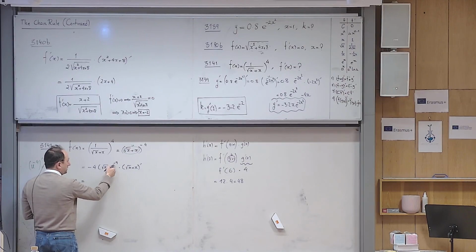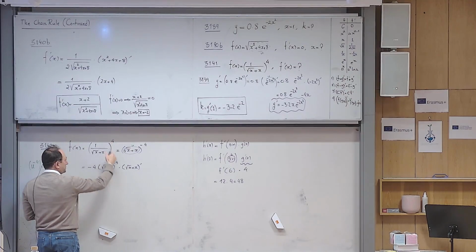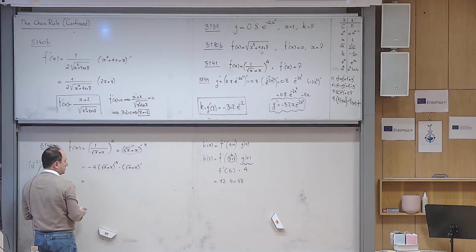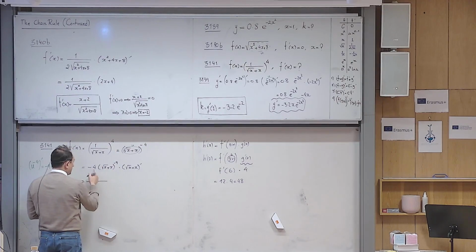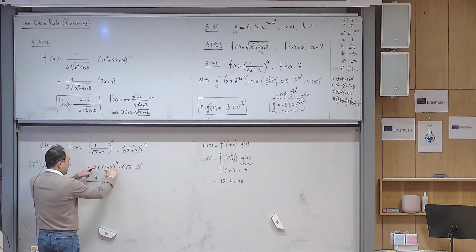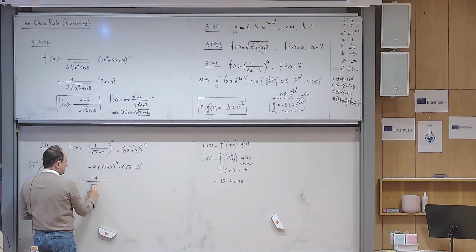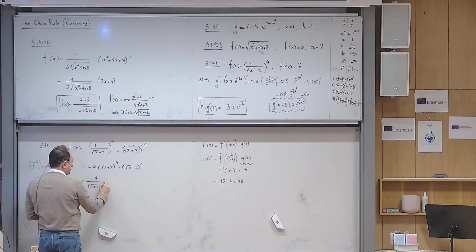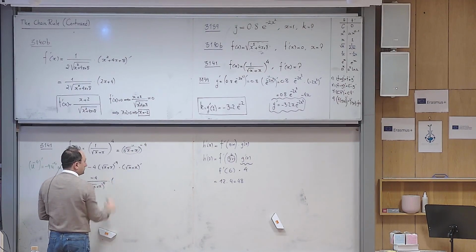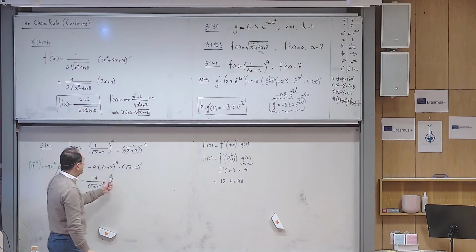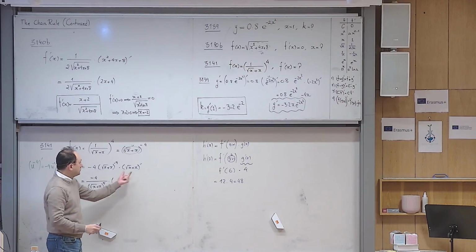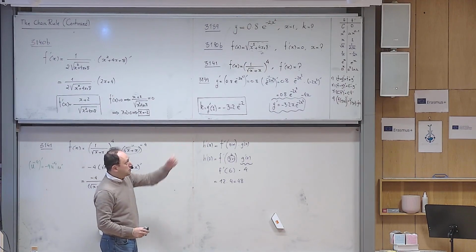If you don't mind, it was a positive power. I prefer to end up with positive powers. That is just a subjective thing. So I keep minus 4 up there, or I bring it back down again. It is not necessary, as far as you just want to take the derivative. But then multiplied by the derivative of this combination. So first I use the chain rule, but for this one I am using the sum rule.